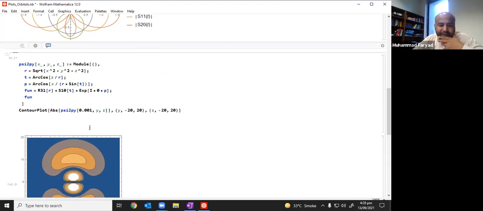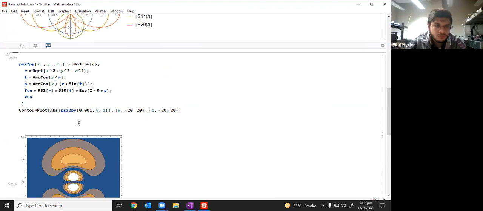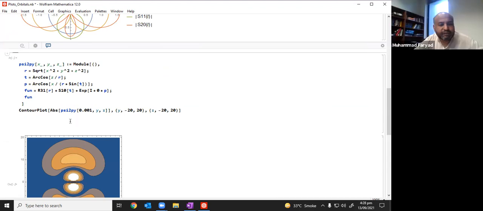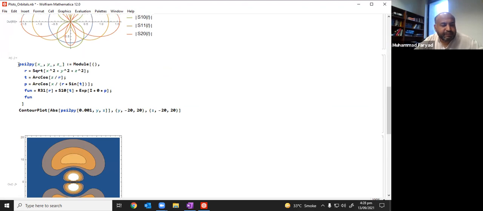Okay, so let's now see the contour plots of different functions, and for that, I'm using modules like this. For example, let's construct this psi 2py. So it has x, y, and z as input, and then r is just square root of x square, y square, z square.